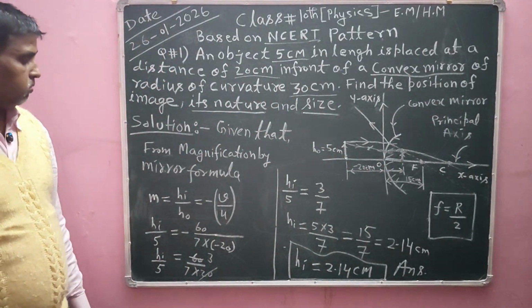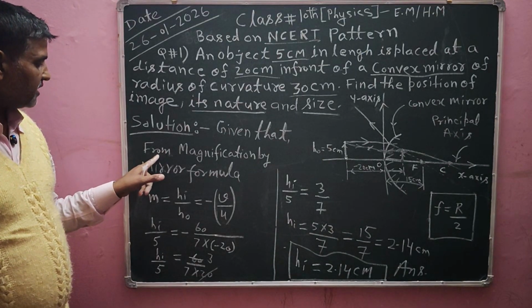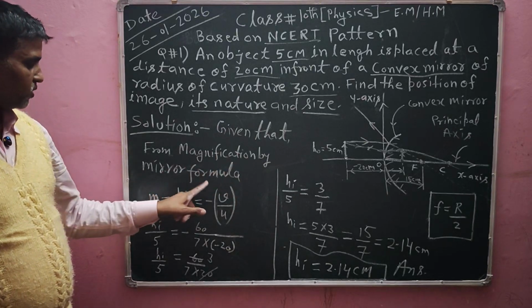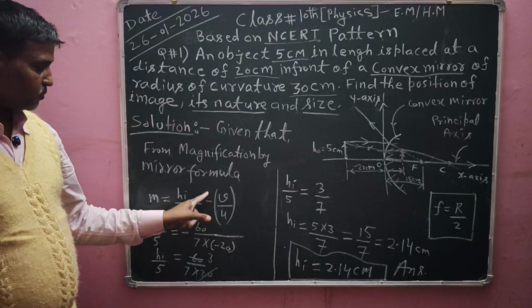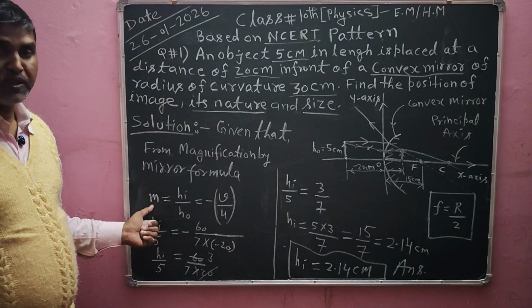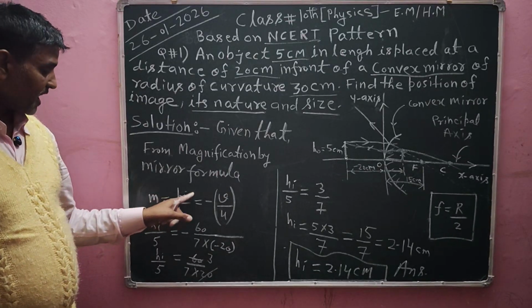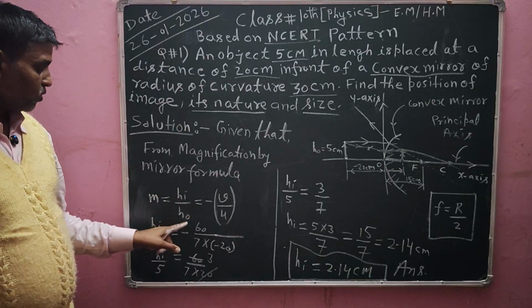I have used here the magnification by mirror formula. M is equal to HI by HO, which is equal to minus V divided by U, where M is also known as magnification and HI stands for image height, I means image, H means height, and O means object.